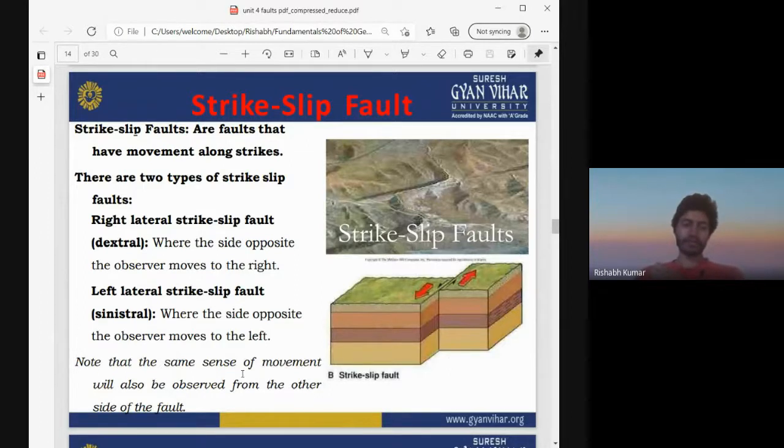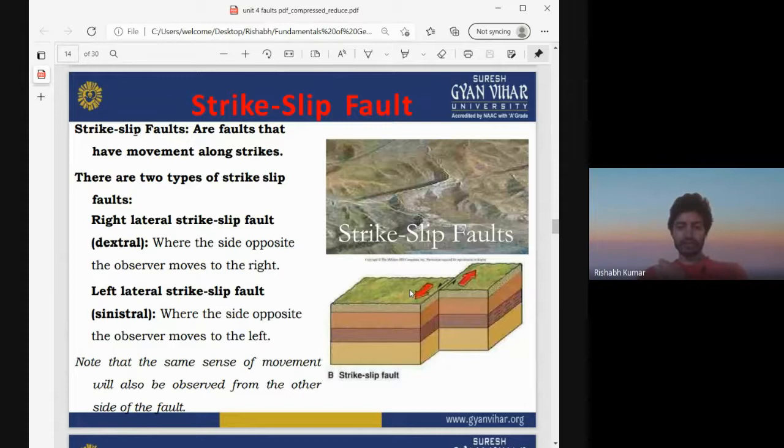Note that the same sense of movement will also be observed from the other side of the fault, right? अगर आप इस साइड से देख रहे हैं fault के, if you are seeing from this side of the fault, you will see that where the side opposite to the observer, if you are standing here, this is the side opposite to you, right? So it is moving towards the left direction.